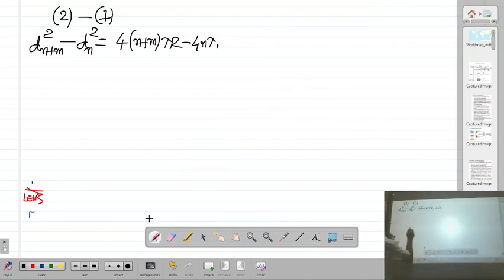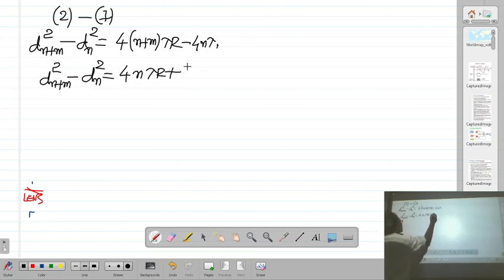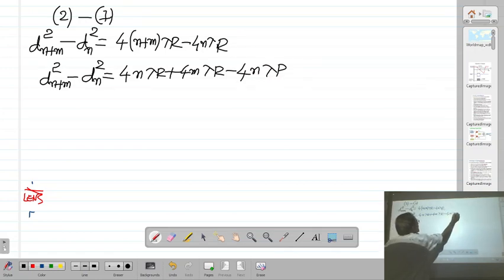If you simplify this, dn plus m square minus dn square is equal to 4n lambda plus 4m lambda minus 4n lambda. The 4n lambda is cancelled.